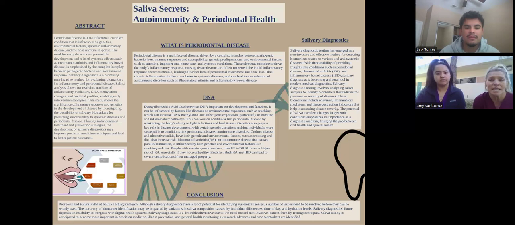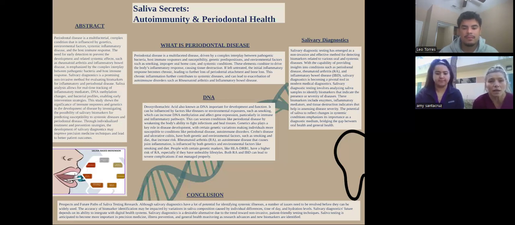However, advancements in salivary diagnostics have opened new doors for early detection and intervention, improving patient outcomes. Periodontal disease is a multifaceted condition caused by a complex interplay between pathogenic bacteria, host immune responses, genetic predispositions, and environmental factors such as smoking and poor oral hygiene.